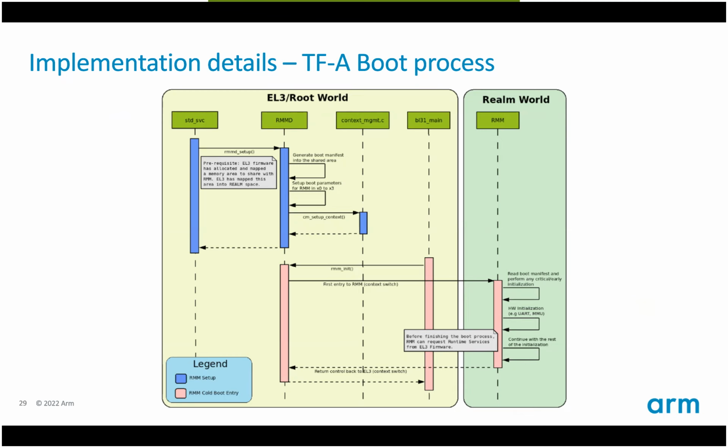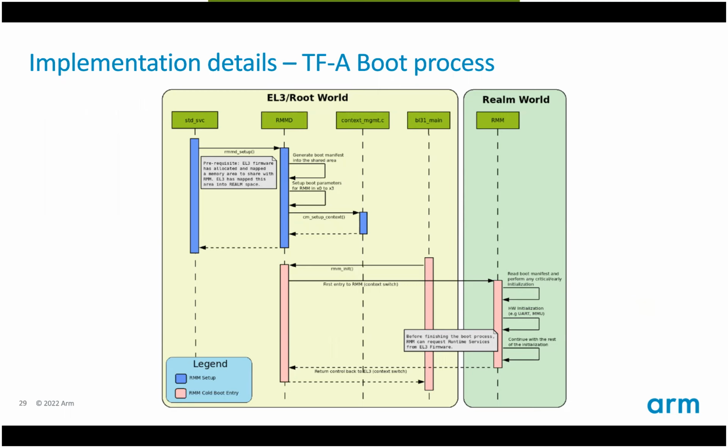After that is done, BL31 will initialize RMM by calling RMM init, and then that will perform the first entry to the realm world. RMM will just read the boot parameters, read the boot manifest and so on, and perform an initialization. And once that's done, it will do a context switch back to RMM-D, which will just return to BL31, and the boot process will carry on.